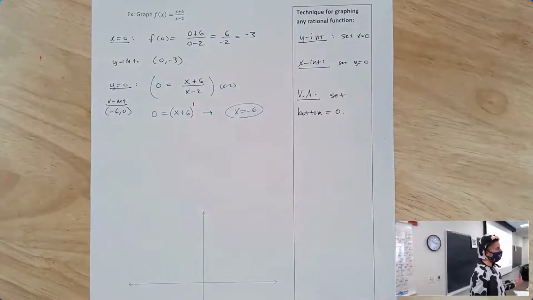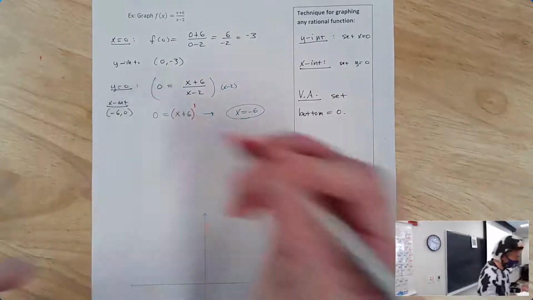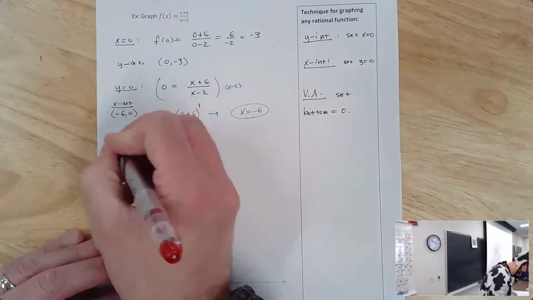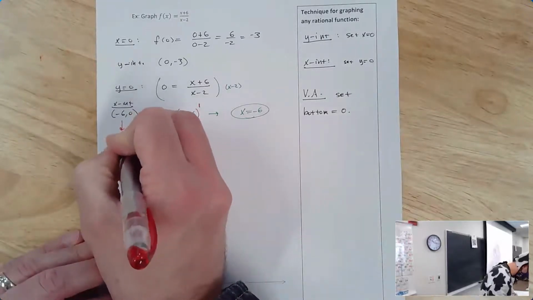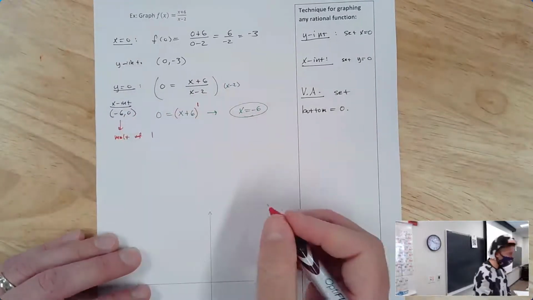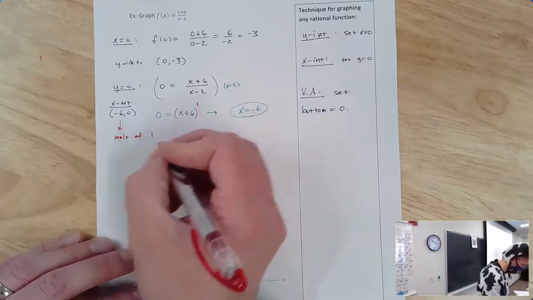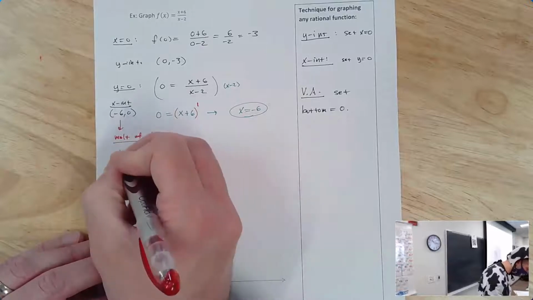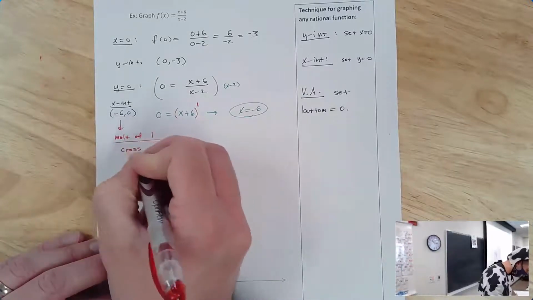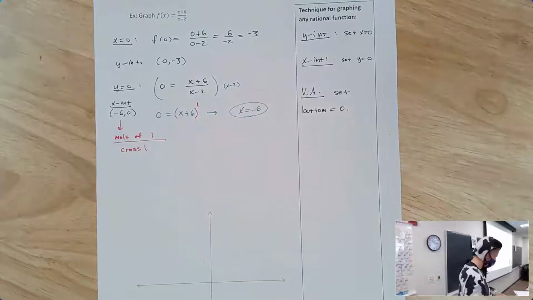Odd or even? Odd, right? So this has a multiplicity of 1, which means we're going to cross. When it's odd, we cross because we change signs. So, good idea.